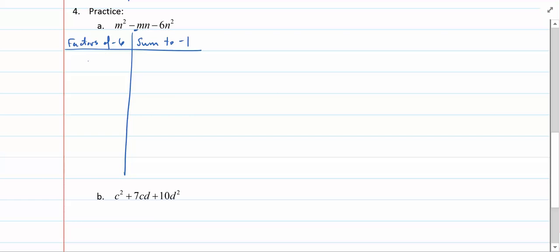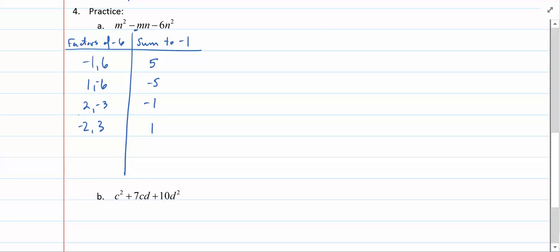So factors of -6 are -1 and +6, or +1 and a -6. We could use 2 and -3, or -2 and +3. The sum in each of these cases is a 5, -5, -1, or 1.